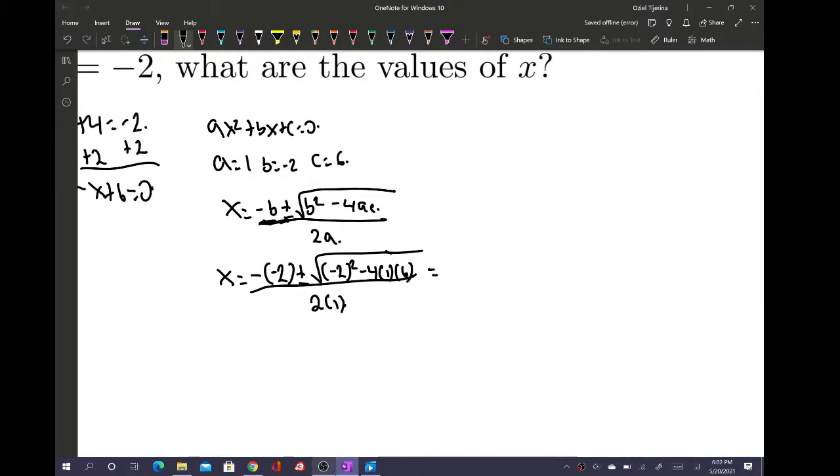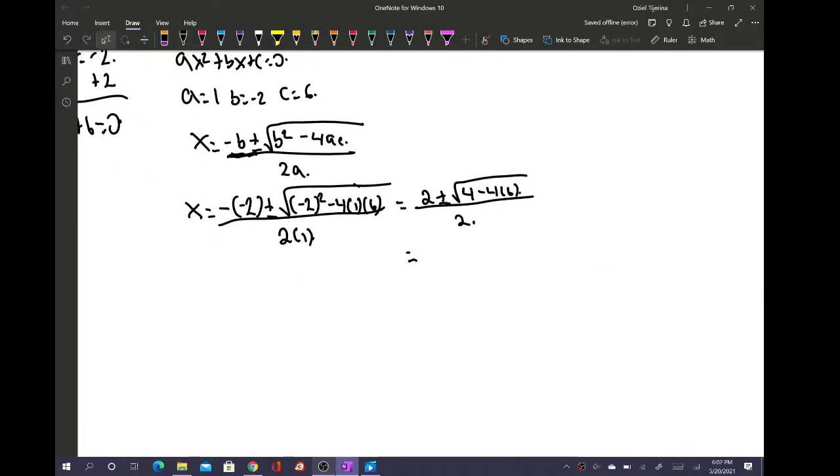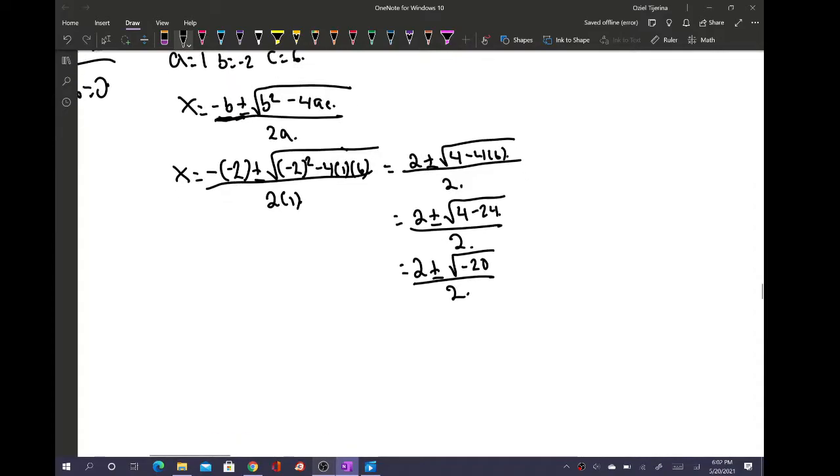Negative of -2 is 2 plus or minus the square root, and then we have negative 2 squared, that's 4, minus 4 times 6 over 2, right? And then we get 2 plus or minus the square root of 4 minus 24 over 2, which is 2 plus or minus the square root of negative 20 over 2.